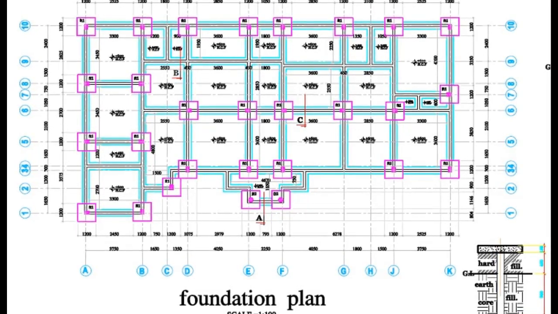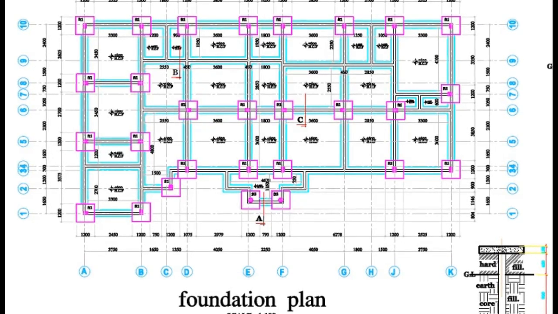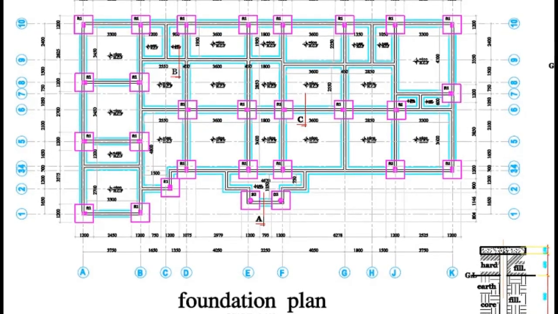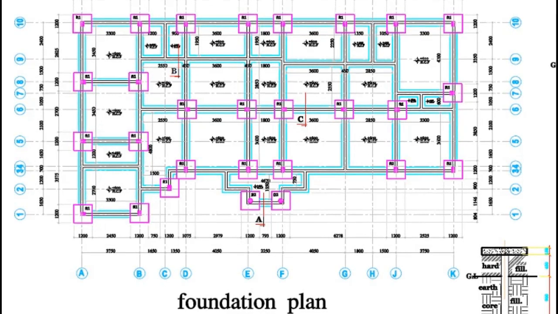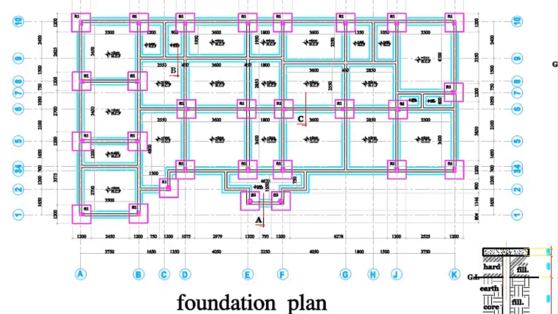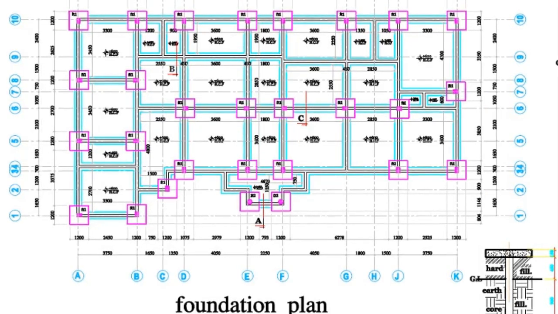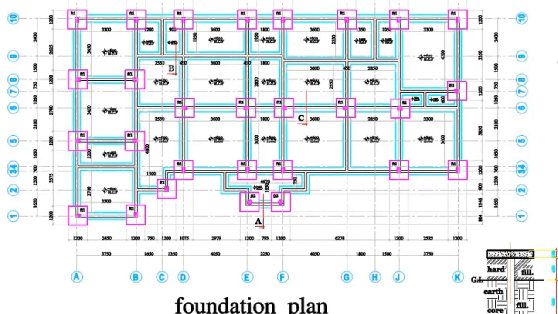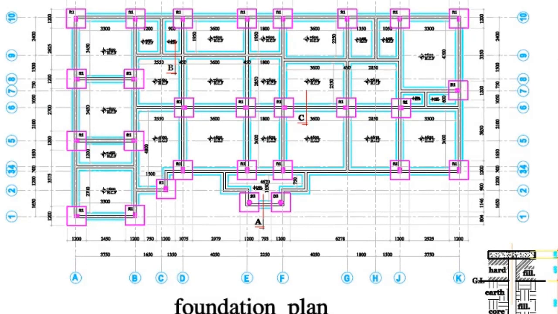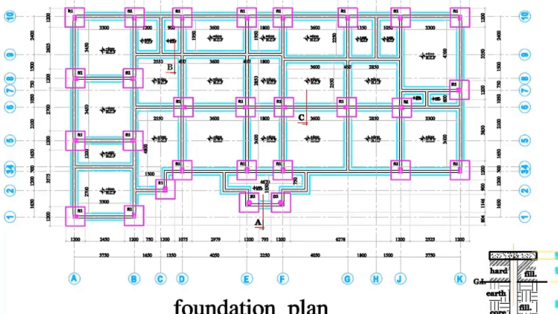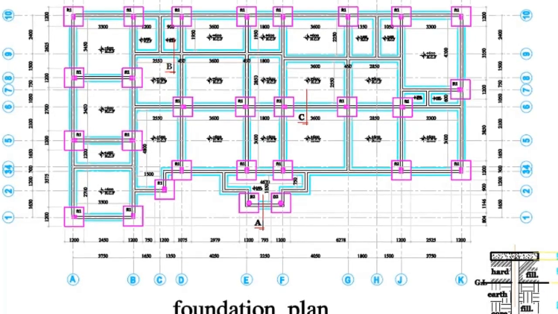So for foundation construction, you first need to start with the profiling. What that means is you are basically transferring the drawings onto the land that you're going to build on. You look at the measurement and then get that on the ground surface.